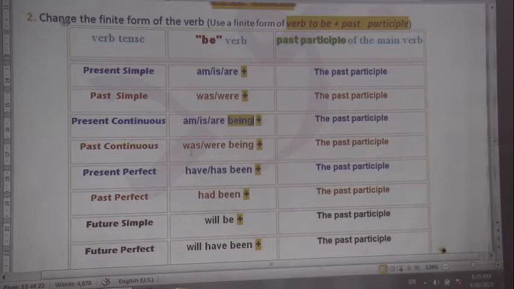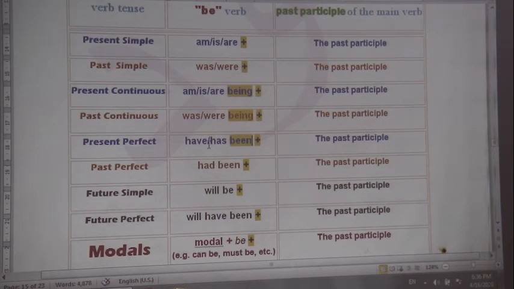Now past continuous: was, were, being plus the past participle, namely the third form of the verb. Now present perfect: have, has, been. So you can think about the form of verb to be after has or have. So have, has been plus the past participle. You really need to memorize these forms by heart.